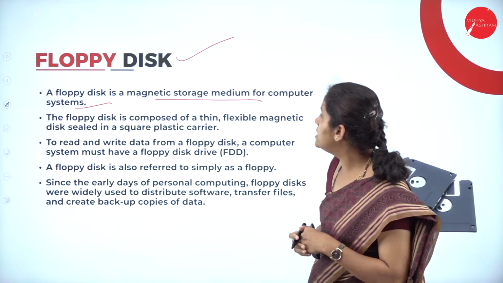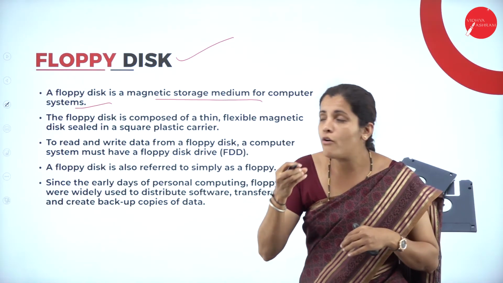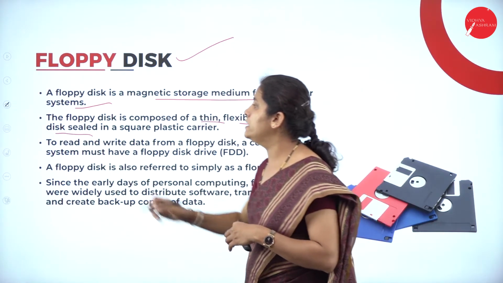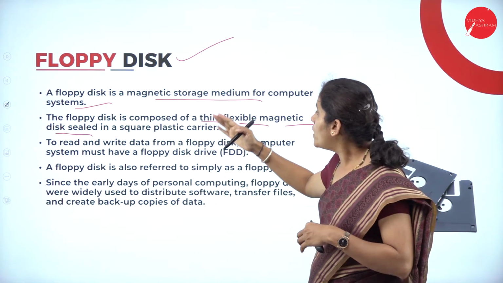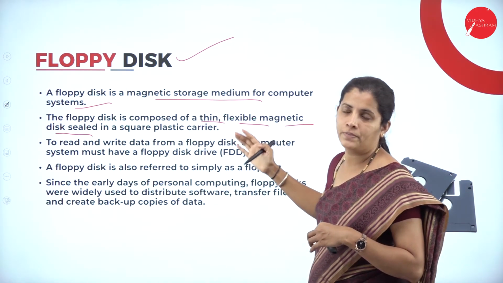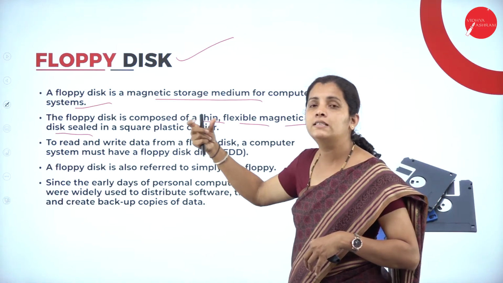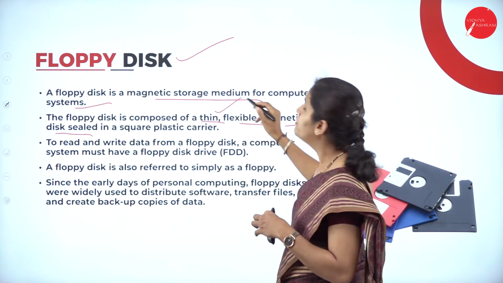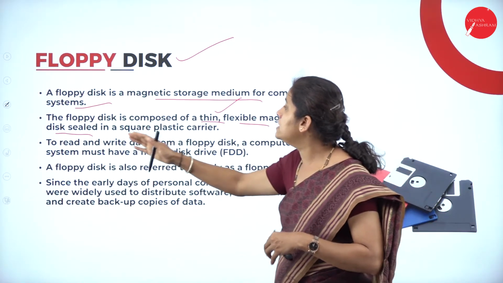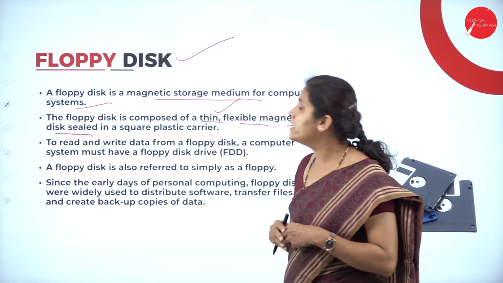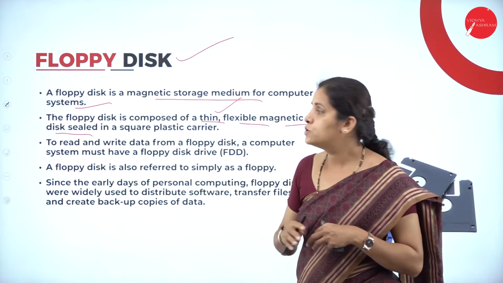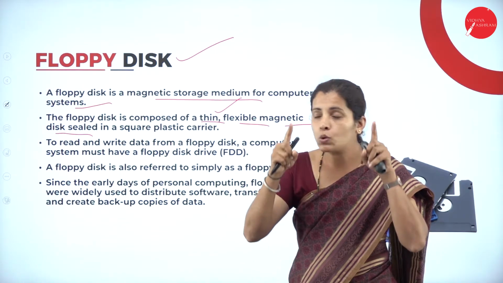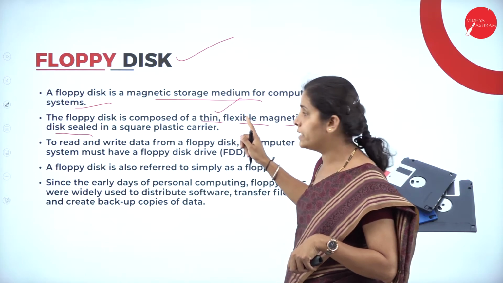The floppy disk is composed of a thin, flexible magnetic disk sealed in a square plastic carrier. In a picture, it looks like a square plastic carrier.